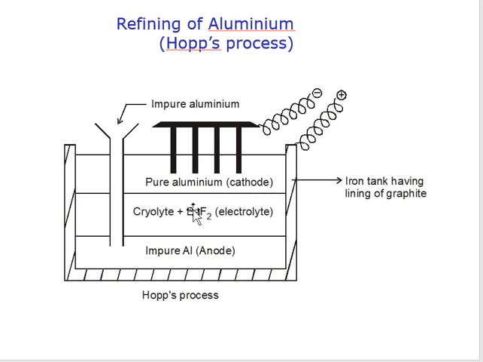Aluminum forms many useful alloys such as duralumin, magnalium, etc., and these are used in aircraft and other transportation vehicles due to their lighter density. And aluminum foil is used for wrapping cigarettes and confectionery, etc.